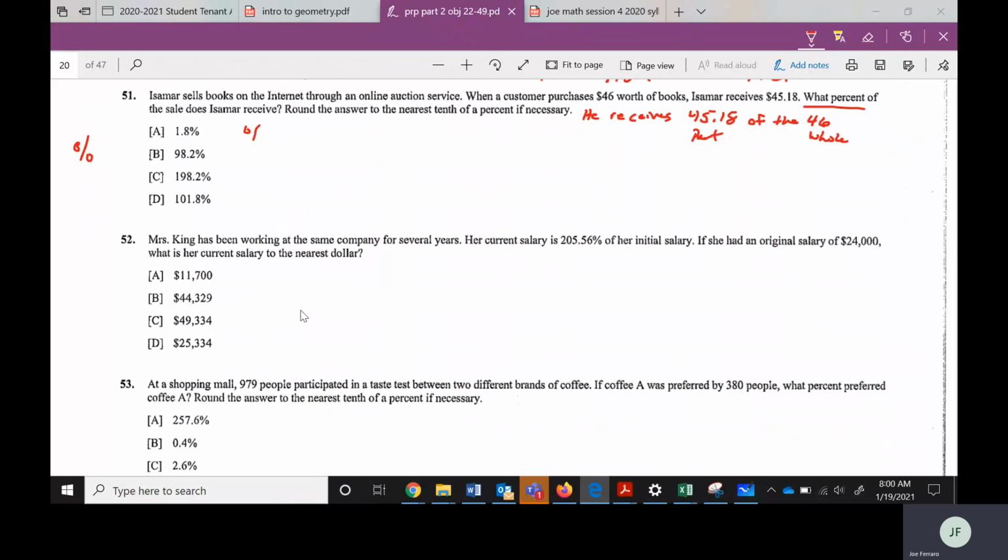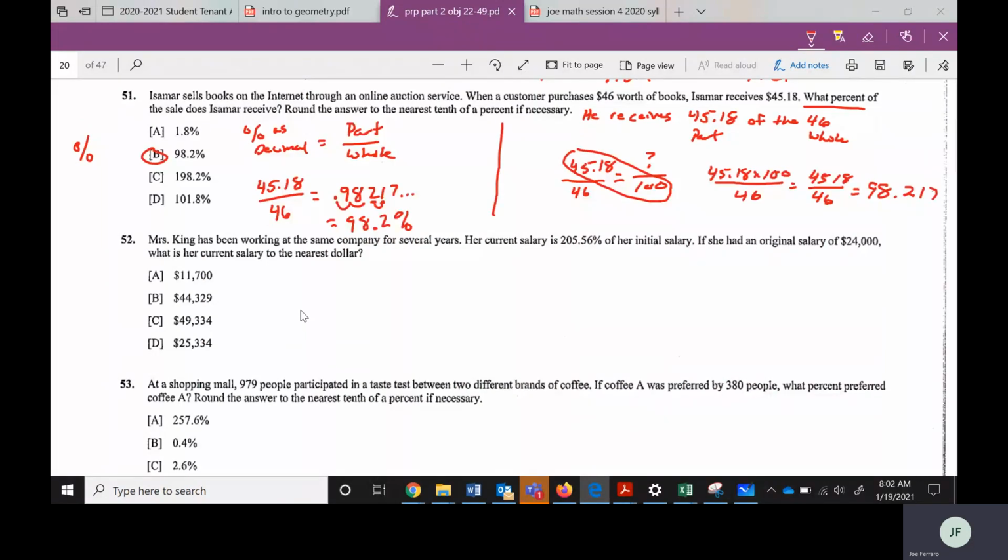We divide that by 46, and we get 98.217. And again, we round, we get 98.2%. Okay. One more on this page.